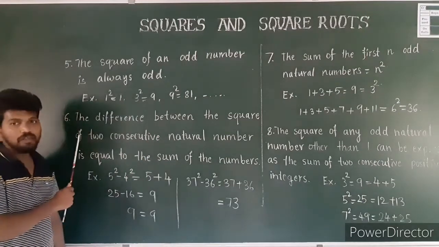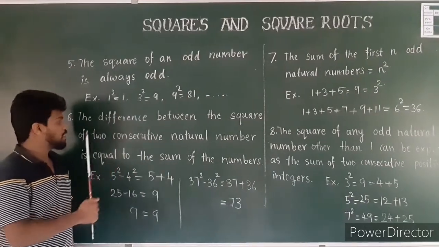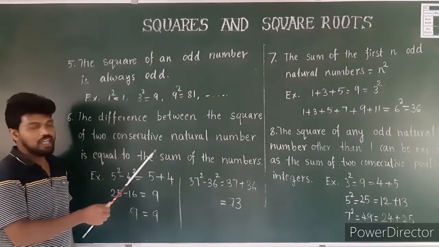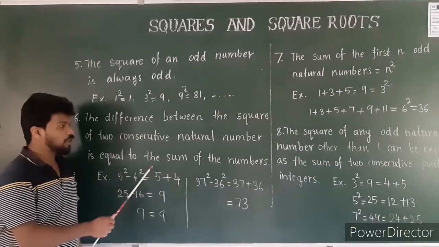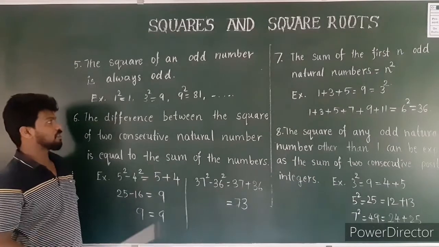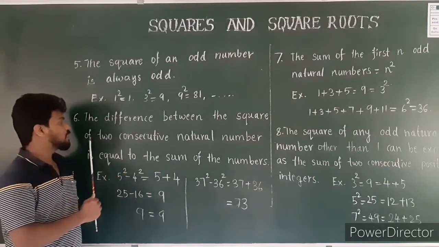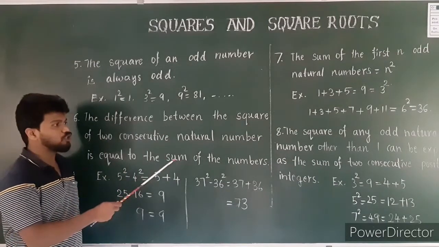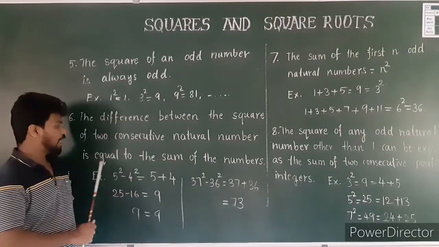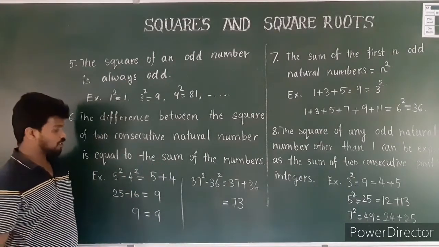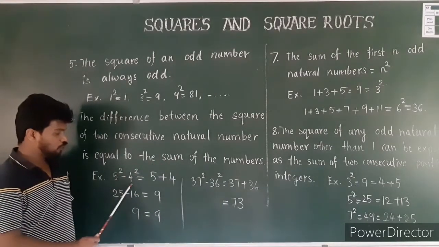Okay, next, sixth one. The difference between the squares of two consecutive natural numbers is equal to the sum of the numbers.